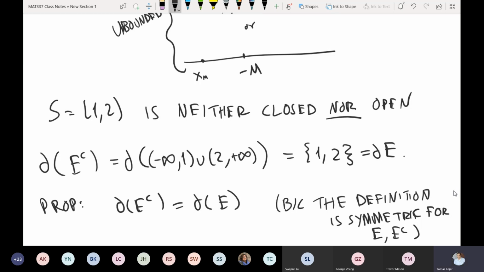Are we going to link sup and inf with open and closed? I'm not sure quite what you mean, but I think I know what you mean. Later on, yes, we will do something like that for functions. So unbounded if and only if not bounded. That's right.